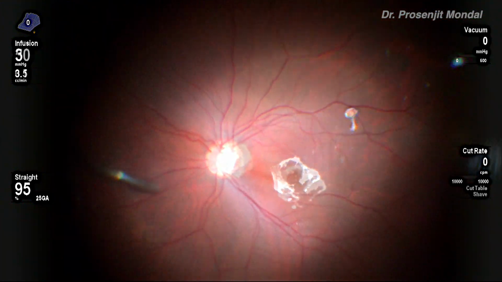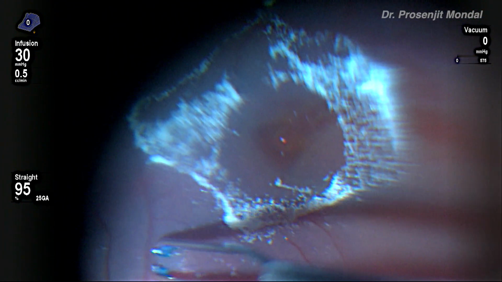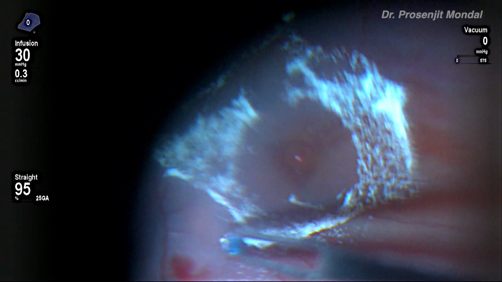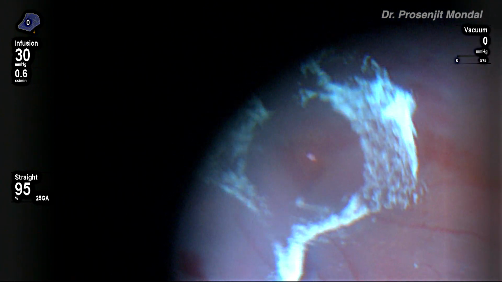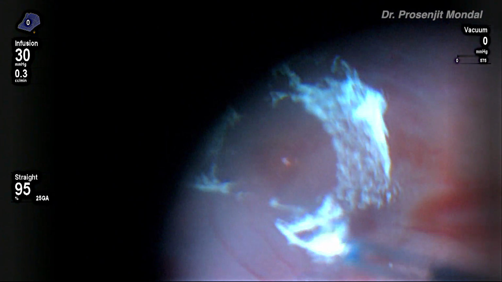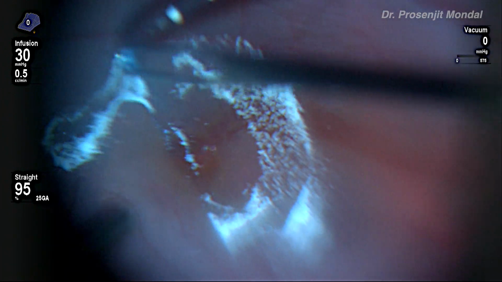Once PVD is induced, brilliant blue G dye is injected. ILM peeling is started by the pinch and peel technique. Our aim is to peel circumferentially, and to go over the macula very gently.